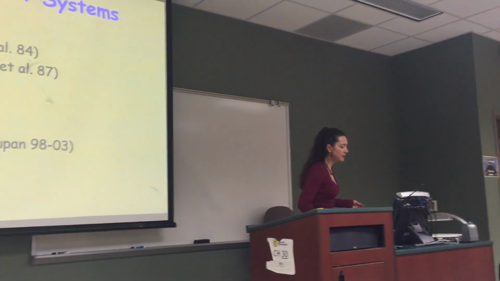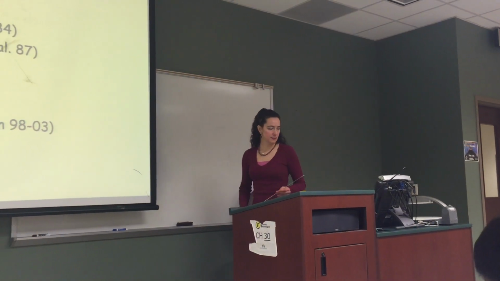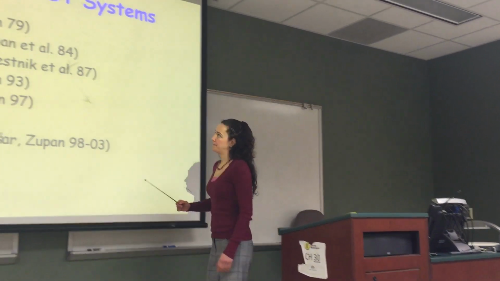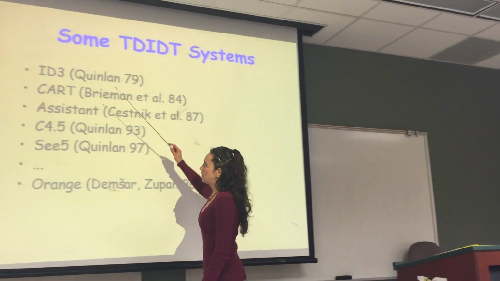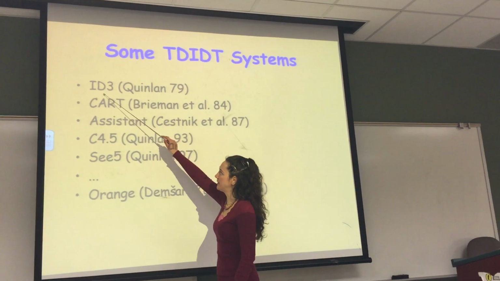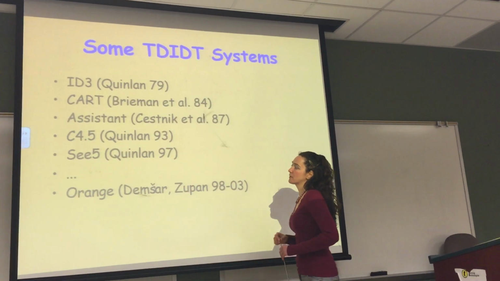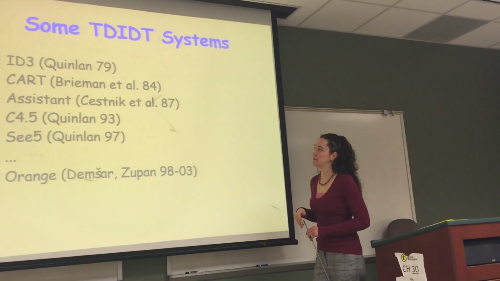There are various algorithms and software that exist that allow us to build these trees. We will look at this ID3 algorithm. So we're going to do an example of that.